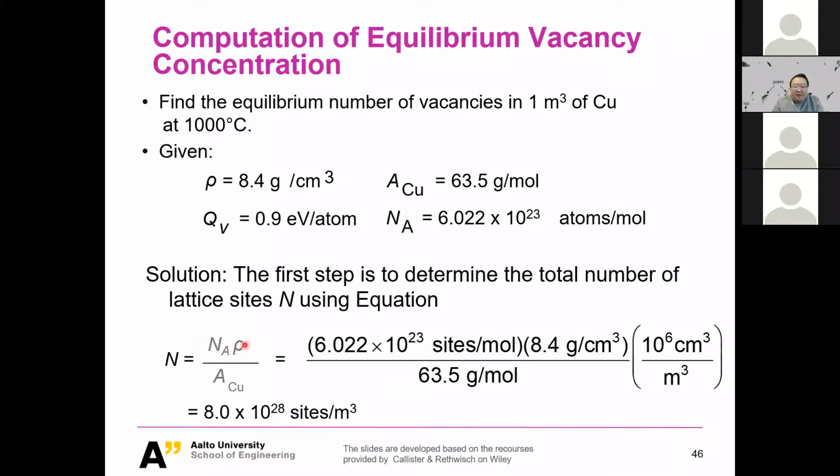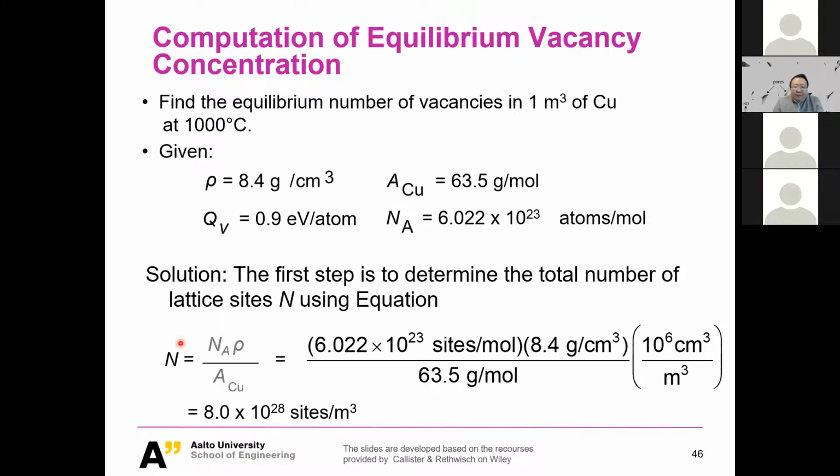Using the density of copper, times the Avogadro number, and then dividing by the atomic weight, you will get the number of lattice sites within 1 cubic meter of copper.